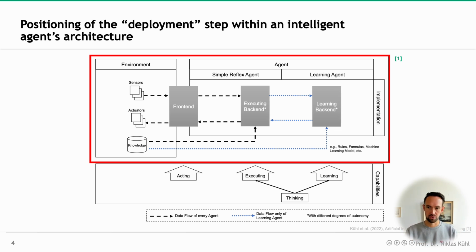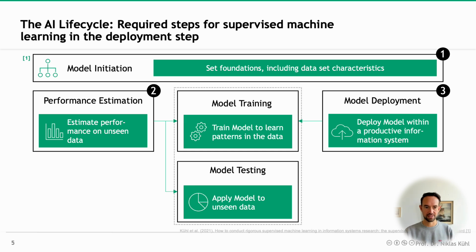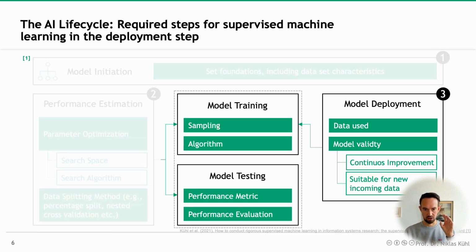The other view that I want to look at is the AI lifecycle. We covered the first steps. Now it's all about the model deployment. However, the model deployment utilizes steps that we covered earlier, specifically the model training, and in some cases the model testing, but mostly it's about training again, although this time the goal is a different one.